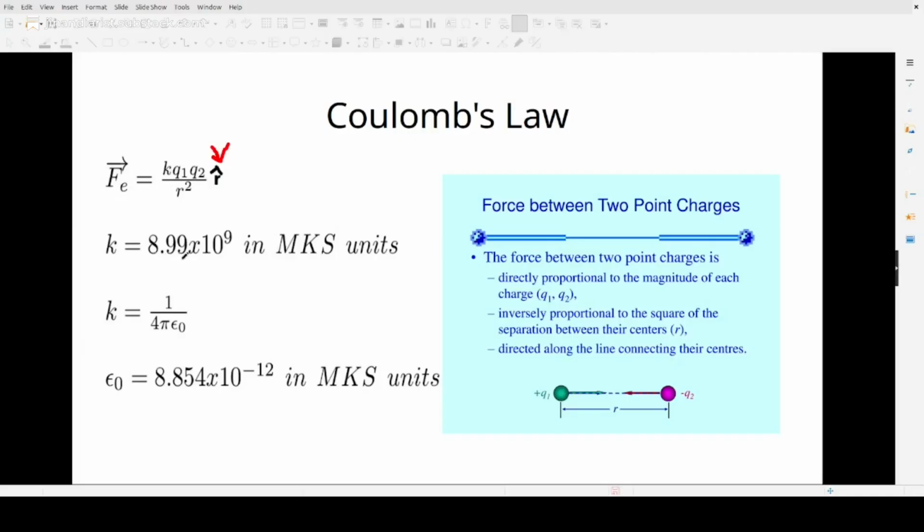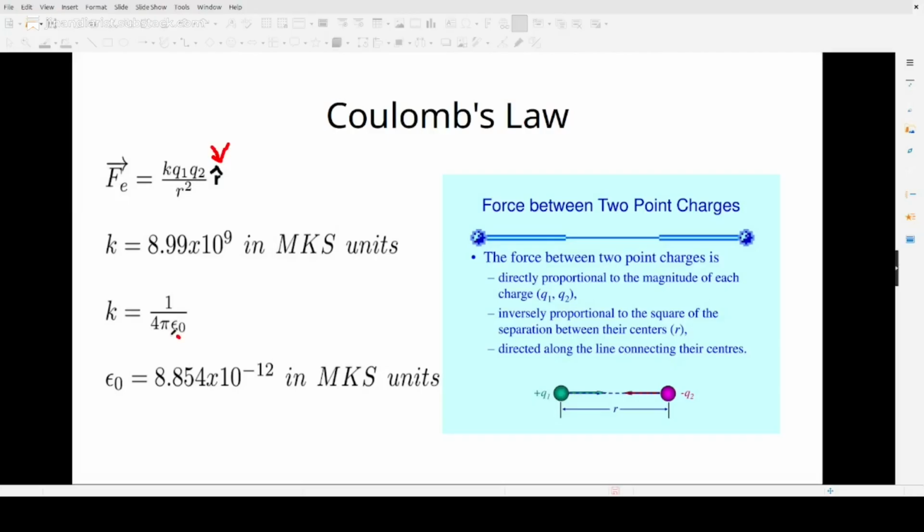It's 8.99 times 10 to the 9 in MKS units. And if you remember from your mechanics, MKS means meter, kilogram, second. All the other units are built up from meters, kilograms, and seconds, and that includes coulombs. It's also 1 over 4 pi epsilon naught.